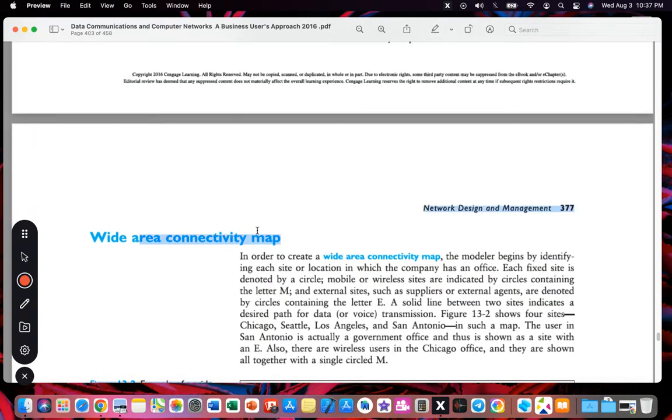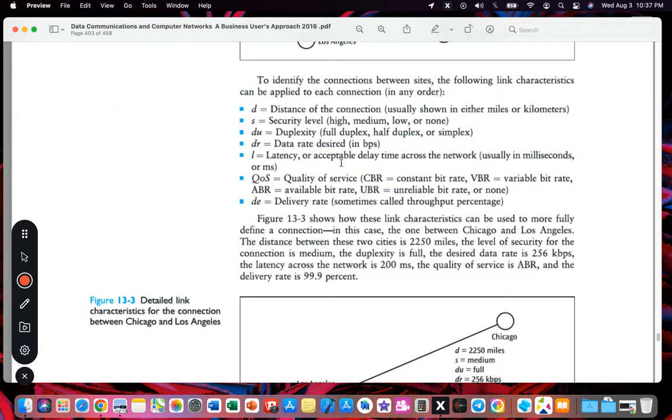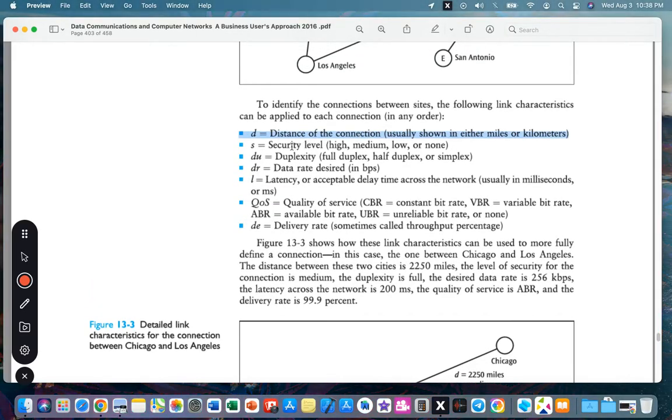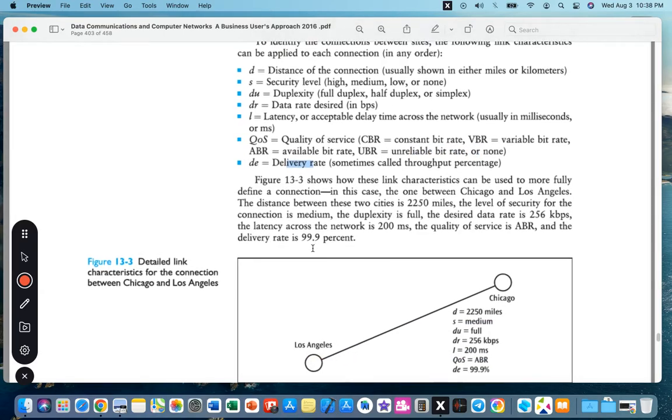Wide area connectivity map. The detailed link characteristics for just one connection include: distance of the connection, security level, duplexing, the data rate, the latency, and the quality of service: CBR, constant bitrate; VBR, variable bitrate; ABR, available bitrate; UBR, unspecified bitrate or none; and DE, the delivery rate.